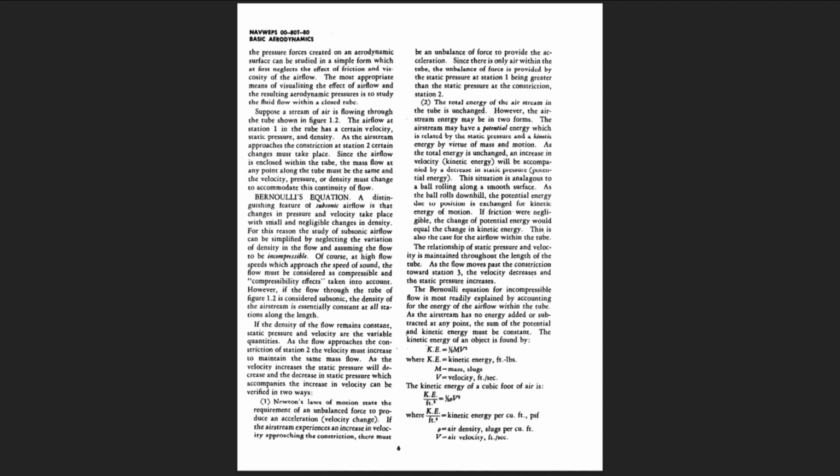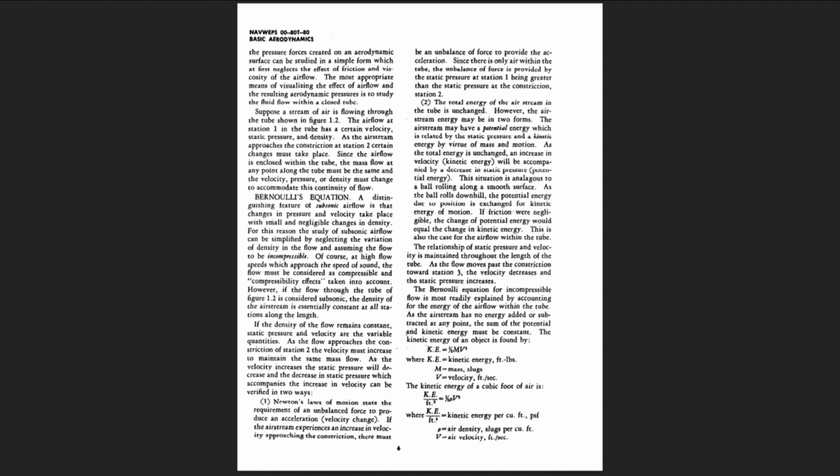As the ball rolls downhill, the potential energy due to position is exchanged for kinetic energy of motion. If friction were negligible, the change of potential energy would equal the change in kinetic energy. This is also the case for the airflow within the tube. The relationship of static pressure and velocity is maintained throughout the length of the tube. As the flow moves past the constriction toward station 3, the velocity decreases, and the static pressure increases.